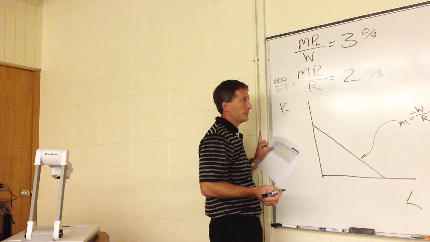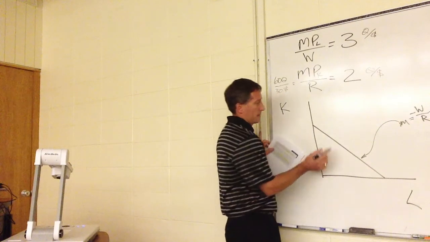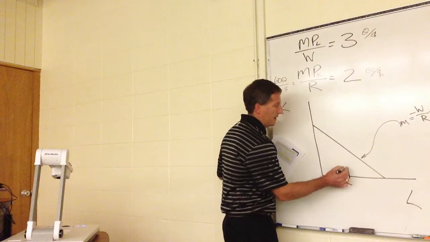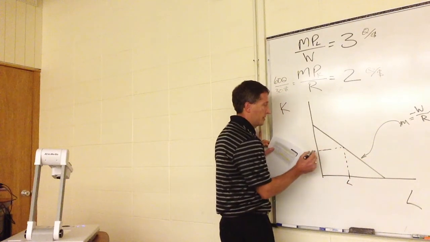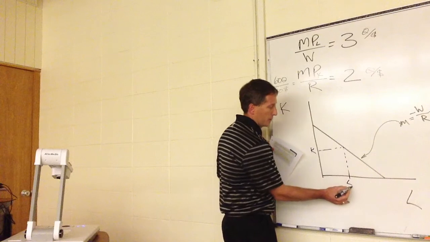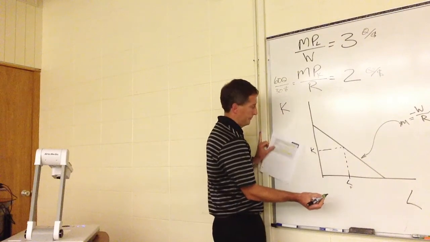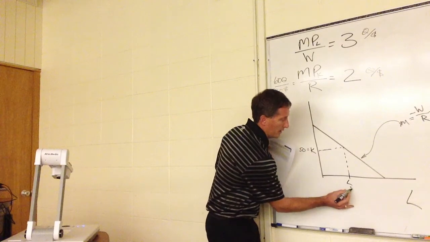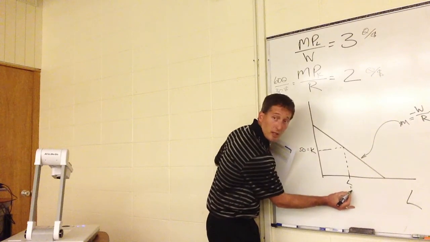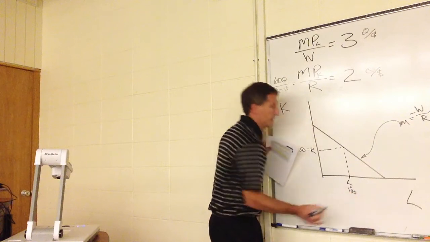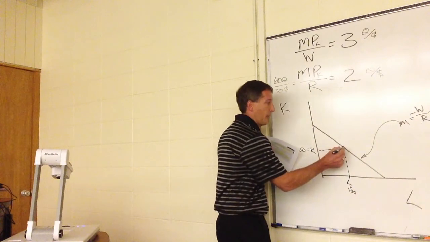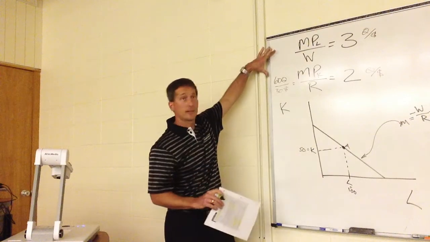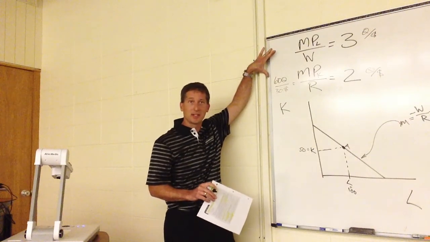Okay? So that's good. We are currently operating at a certain amount of labor and a certain amount of capital, which was what and what? 50 capital and how much? 100 units of labor. So we're currently at that point A. At that point, these two things aren't equal.